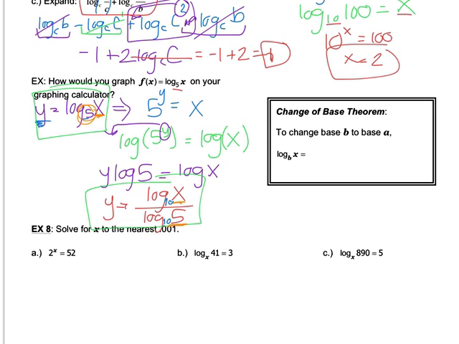So to change base b to base a, log base b of x is log base a of whatever you were taking the log of originally, divided by log base a of your old base, b. And that's it. I find that easier than manually changing the base, because I just think of log of this divided by log of that, and then I'm good to go.